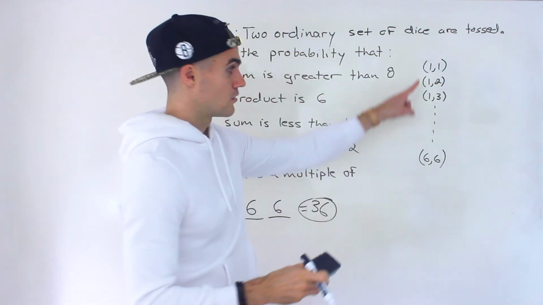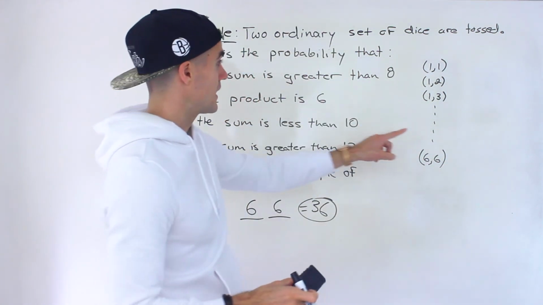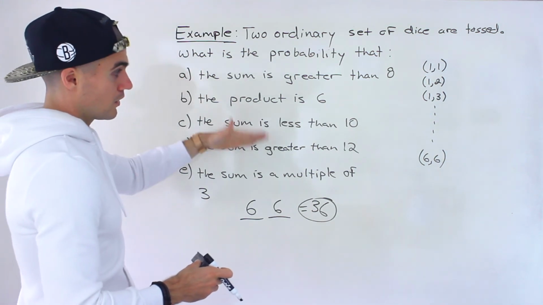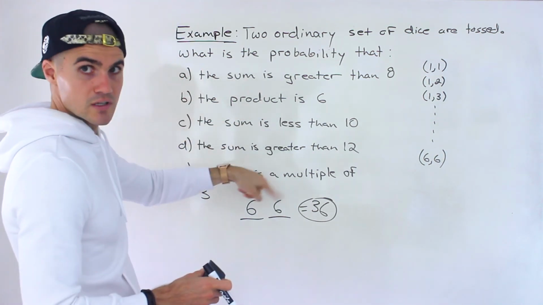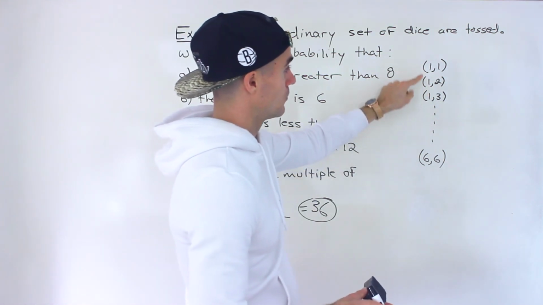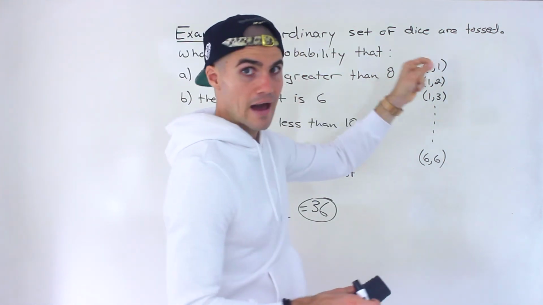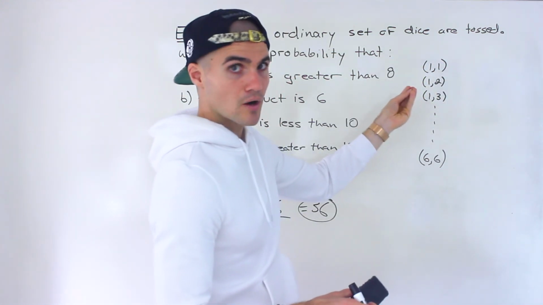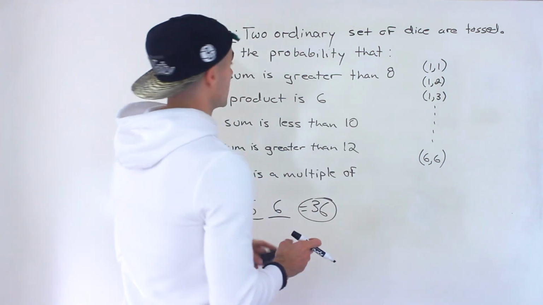So there would be 36 of these. That's how I'm going to represent the number of possibilities for each of these conditions, in this coordinate format, where the first coordinate is the value of the first dice, and the second coordinate is the value of the second dice.